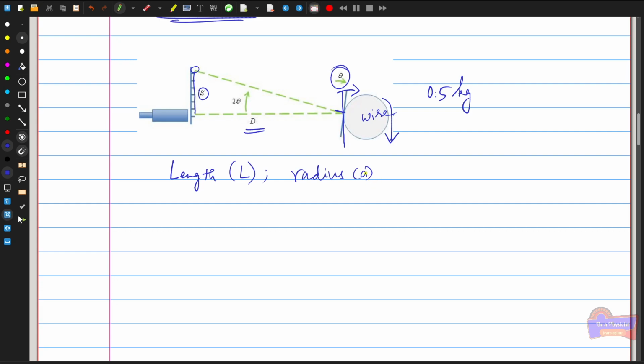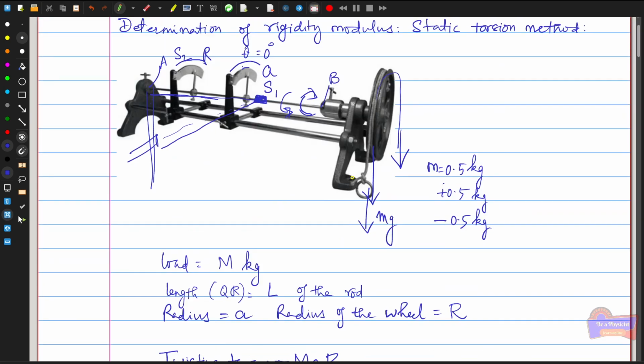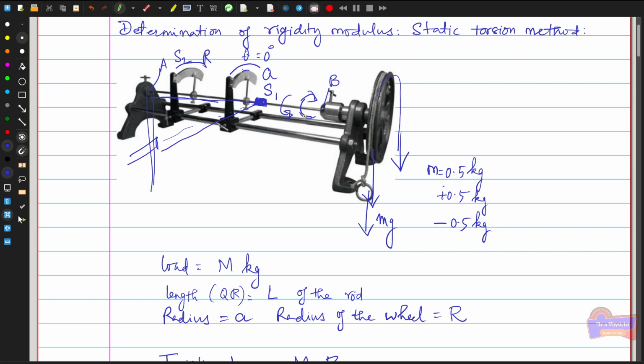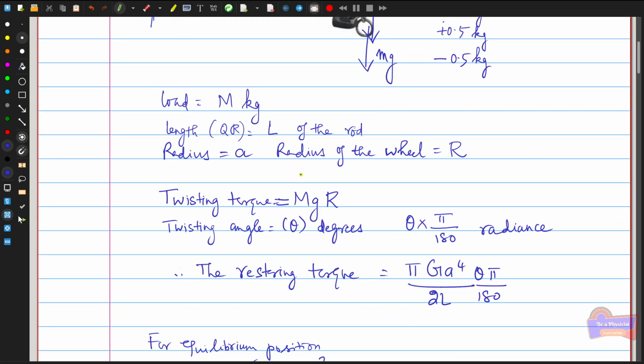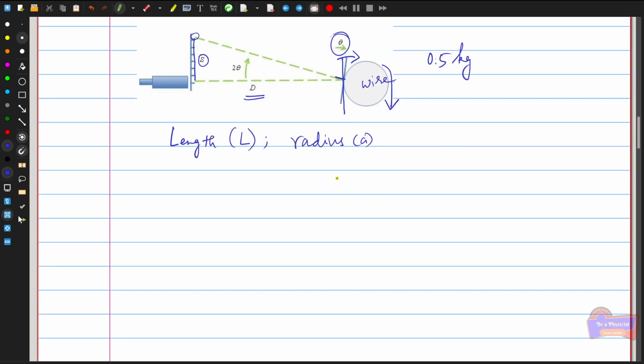So you can measure the radius at different positions and different places of the rod, so that you can take the average radius, and your readings will be very accurate. Again, the radius of the wheel, which we also measured, is taken as a capital R.